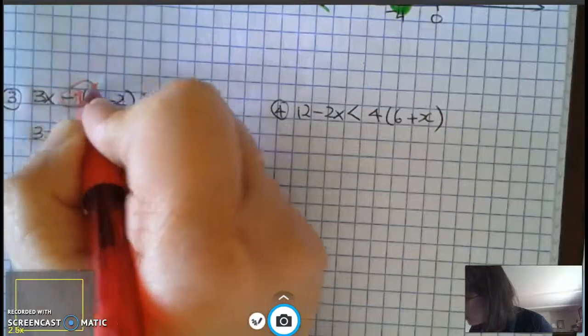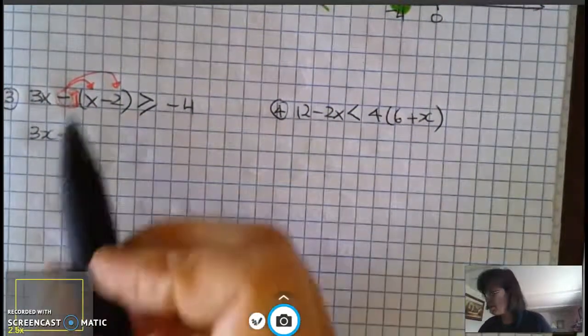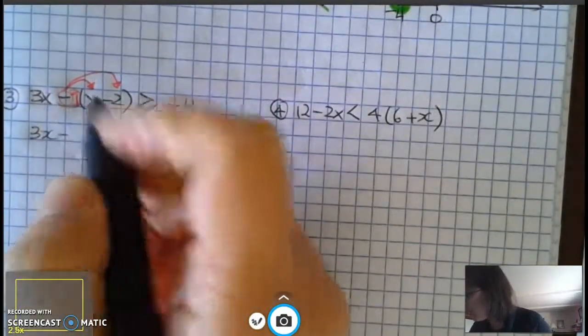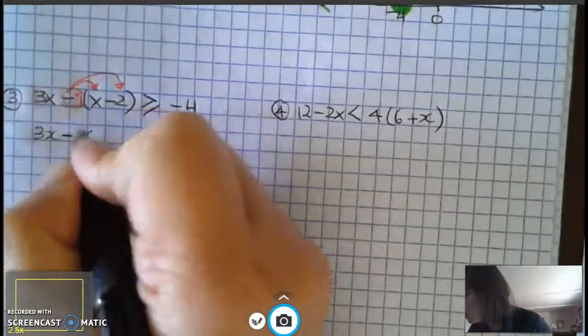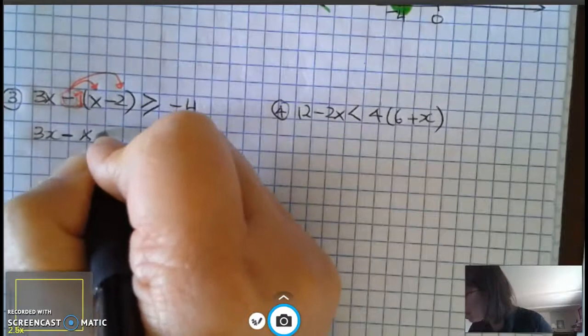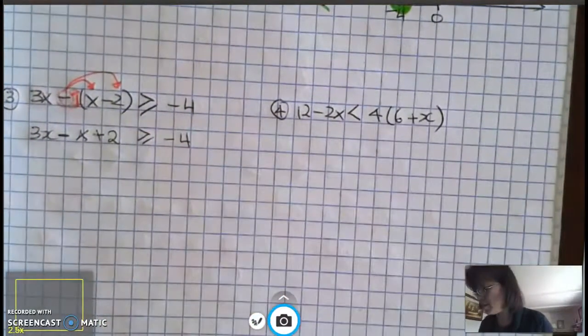And this gets distributed to both of these numbers and variable in the parentheses. Negative 1 times x is going to be negative x. Negative 1 times negative 2 is going to be positive 2. And then you still have everything else as it is.